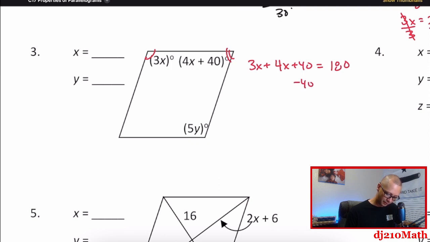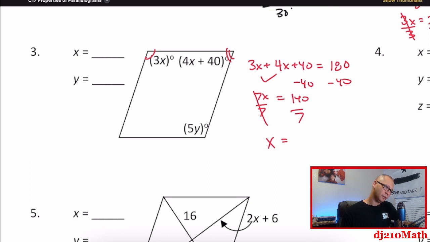So just combining like terms, right? Basic arithmetic. 180 minus 40, 140. Right, and then 3 plus 4 is 7. That's kind of obvious. Divide both sides by 7. So 14, 7 goes in 14 twice with the 0. So x is equal to 20.